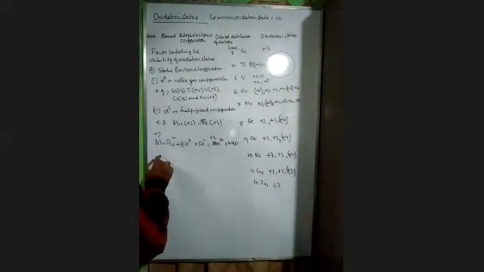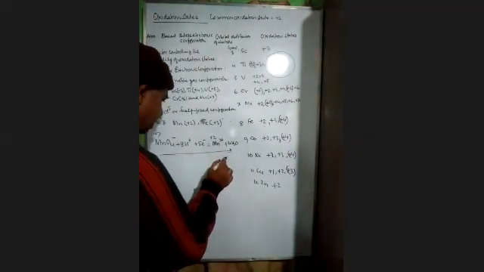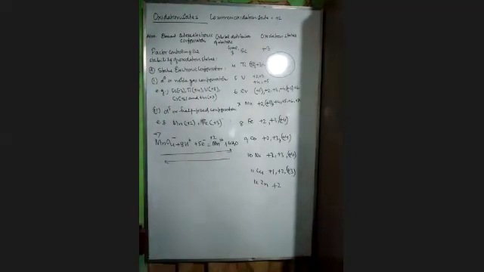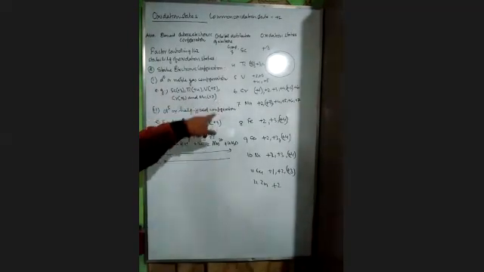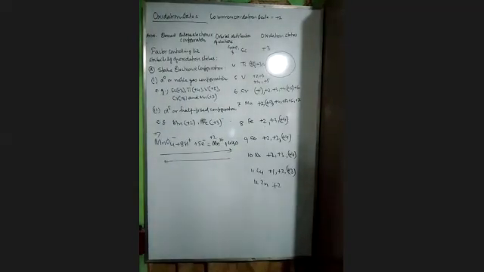See, the reaction moves from left to right. It does not move from right to left. Why? Because this is more stable than this, and we have understood its weakness. And because of that, permanganate is being used as an oxidizing agent.